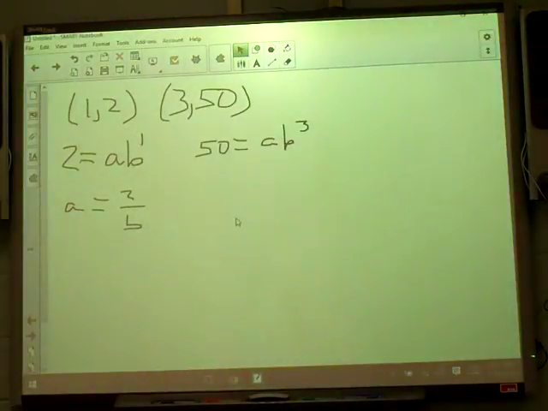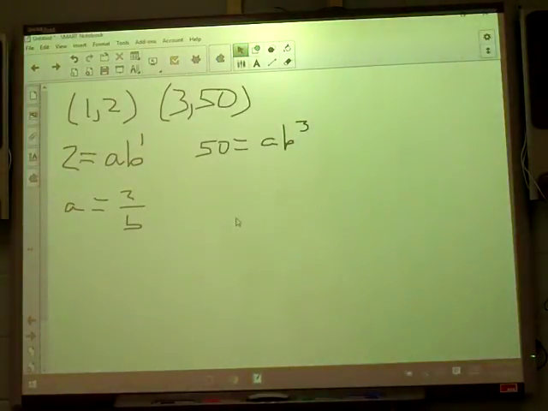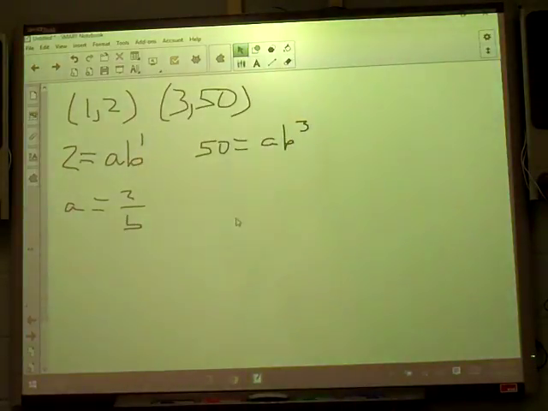Wait, how do you, like right here, what do I do? 3 minus 1 to get B. Like, 50 equals, oh wait. Oh, that should be a 1, right? Yeah, and then the B cubed over B will reduce. You got B cubed over B, so that would make it just B squared.